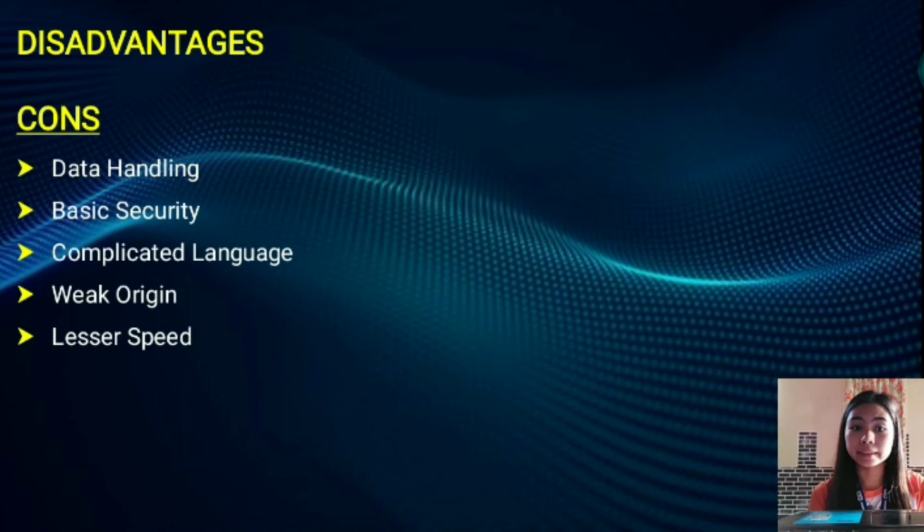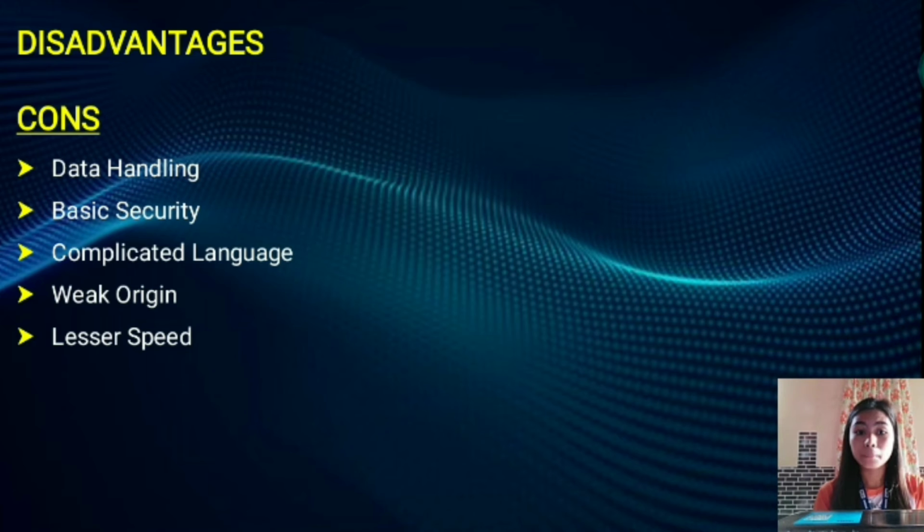Next is basic security. R lacks basic security. This is one of the disadvantages. This feature is an essential part of most programming languages like Python. Because of this, there are several restrictions with R as it cannot be embedded into a web application.